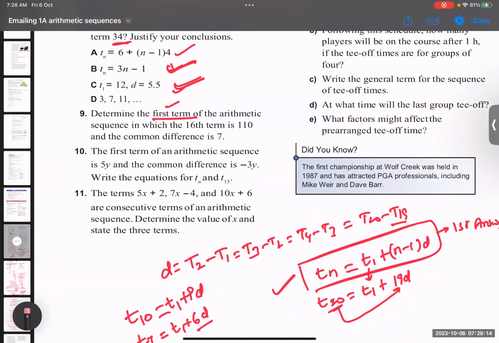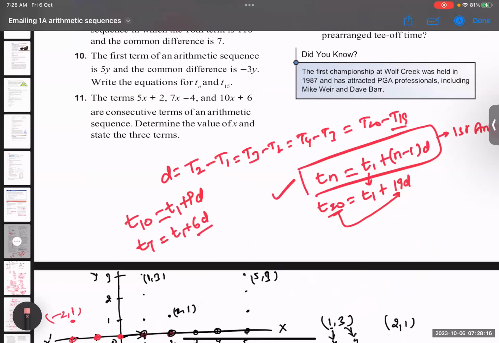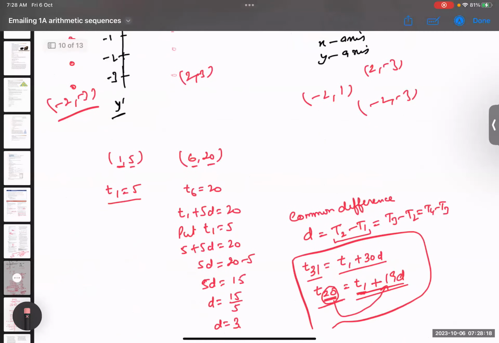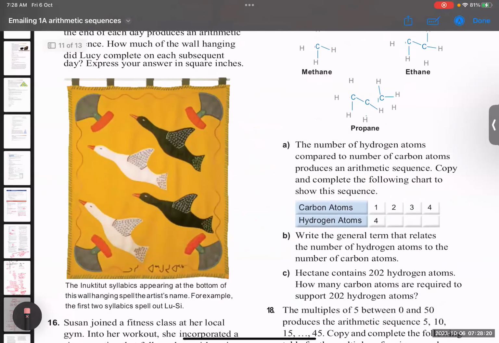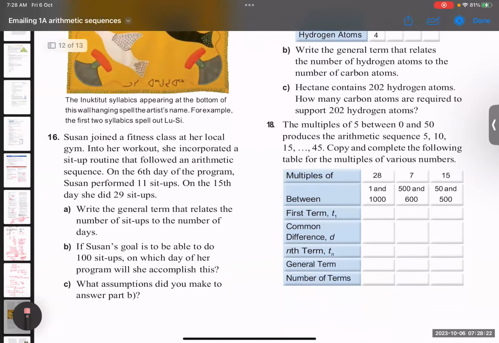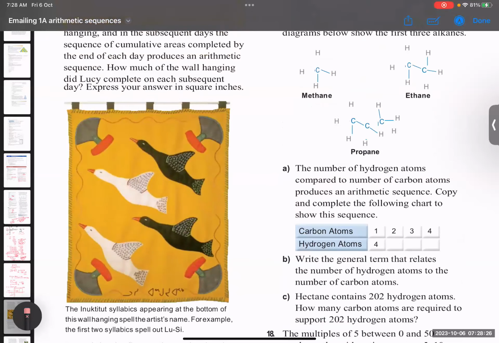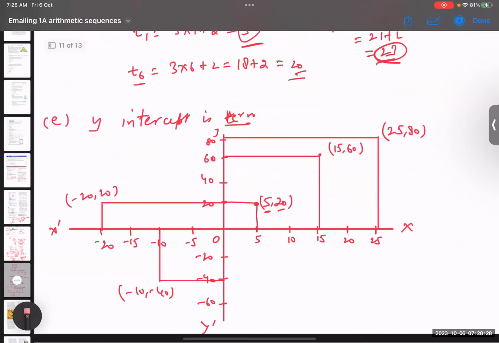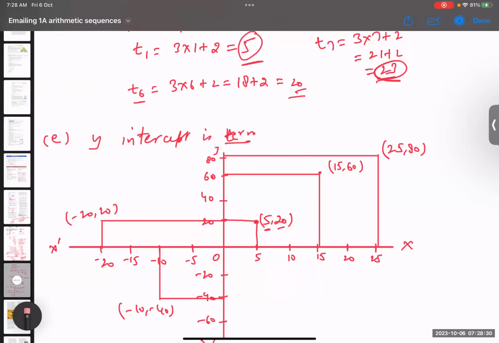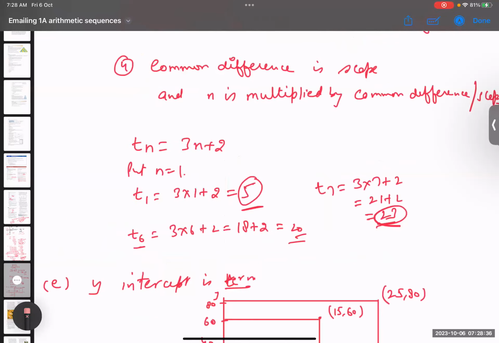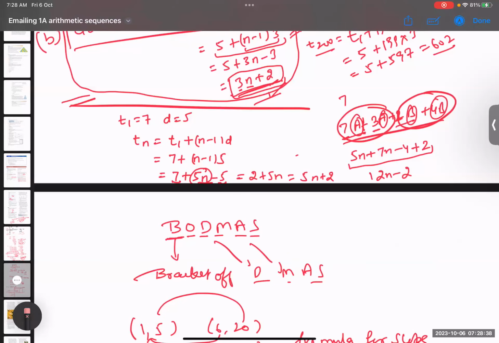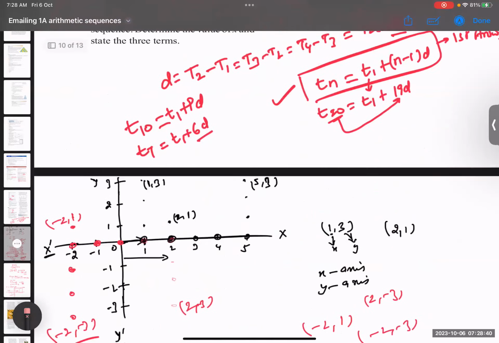So listen. If you want to do the questions, then you have to take one more class because there are many questions left and you will not be able to solve all of them. And you have to keep the class before Monday. My test is next week, so I still have time.